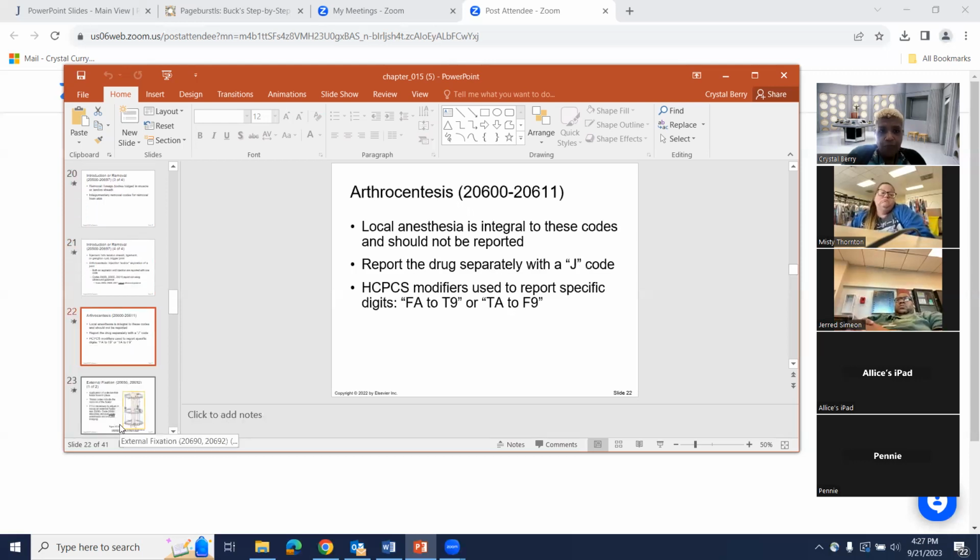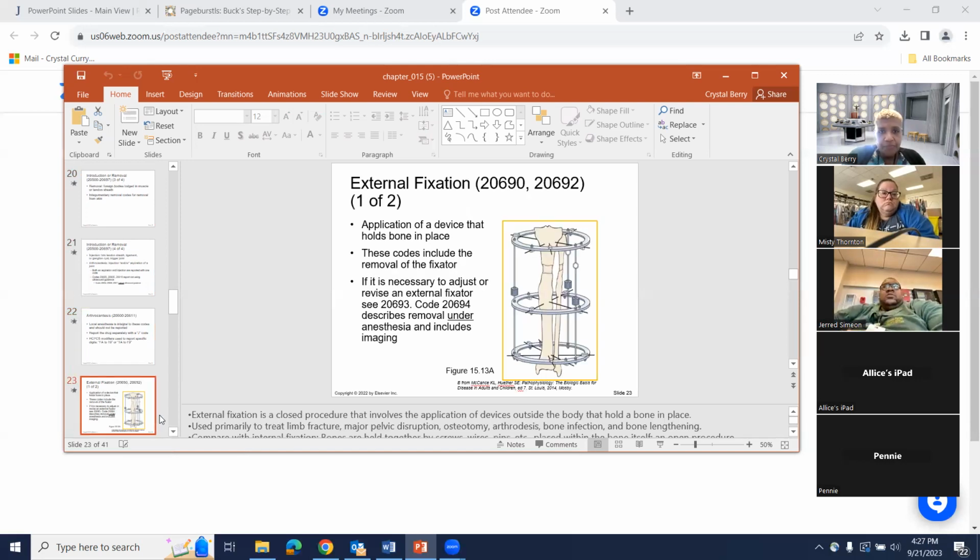So I'm going to go further down. External fixation. This is the code range, very short, 20690, 20692. Application of a device that holds bone in place.